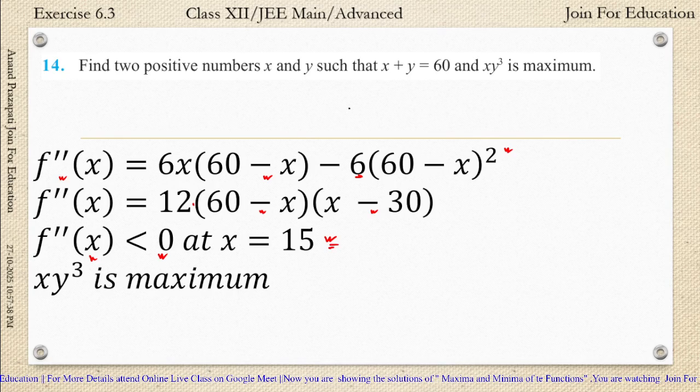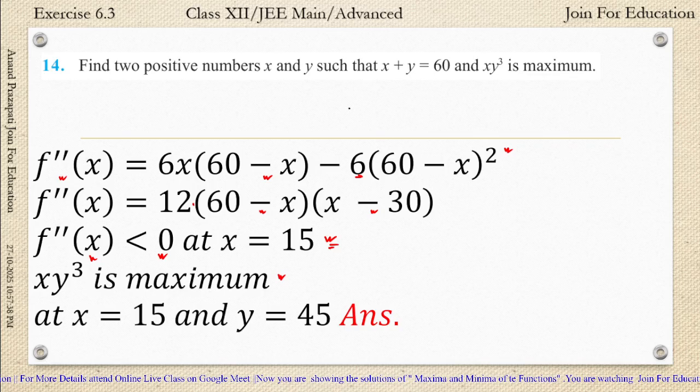Therefore x times y cubed is maximum at x equals 15 and y equals 45. Is there any problem understanding the solution of question number 14?